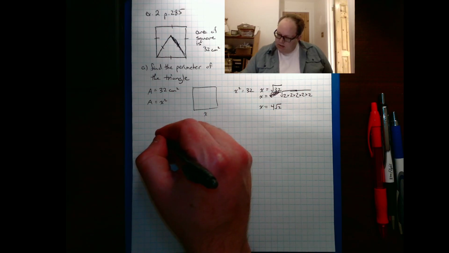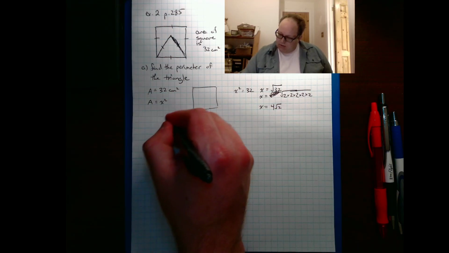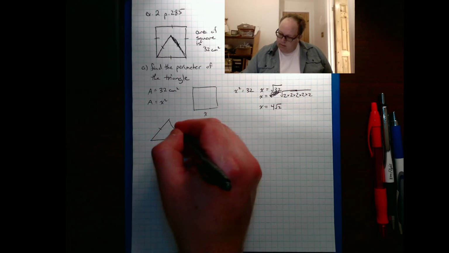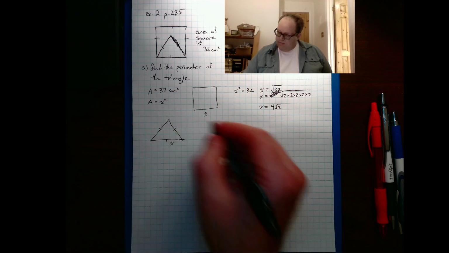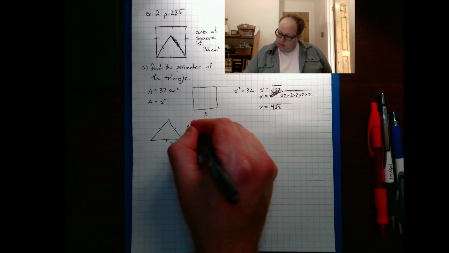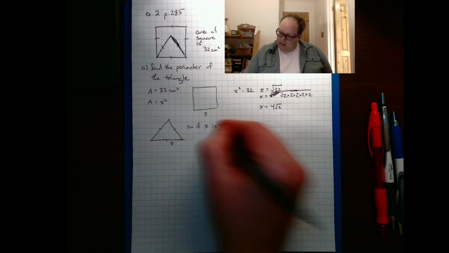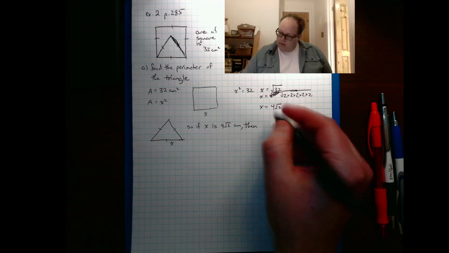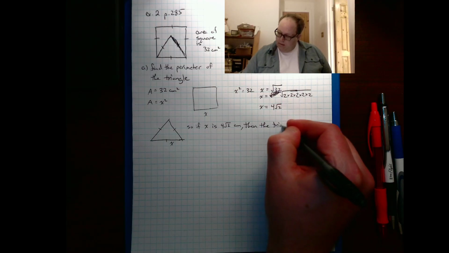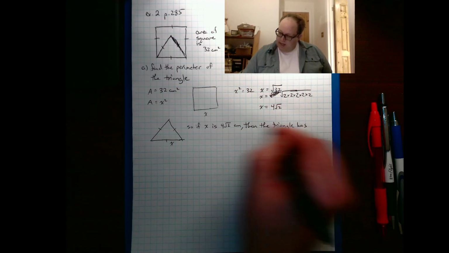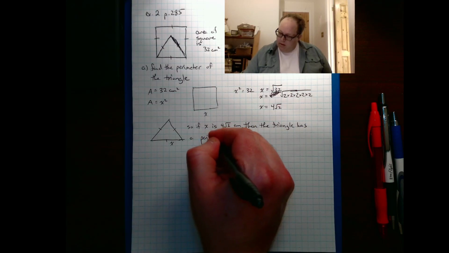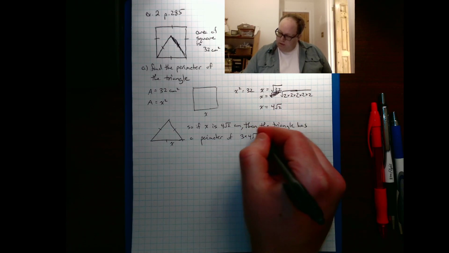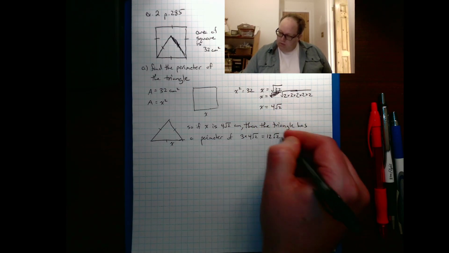Now x is also one side of my equilateral triangle. So if x is 4 root 2 centimeters, then the triangle has a perimeter of 3 times 4 root 2, or 12 root 2 centimeters.